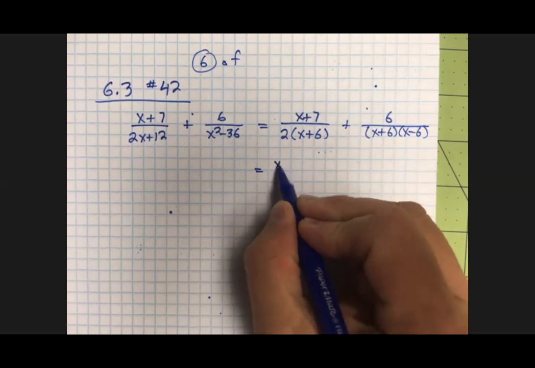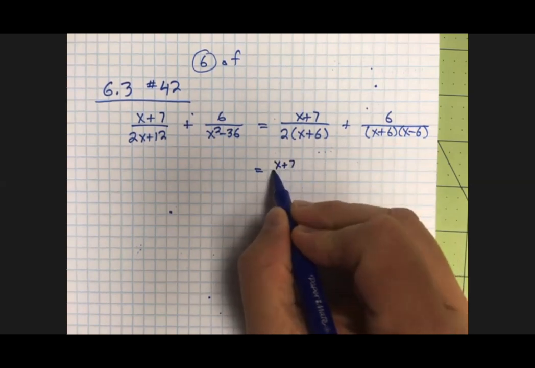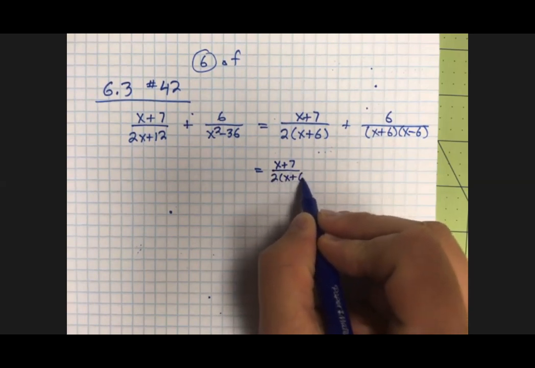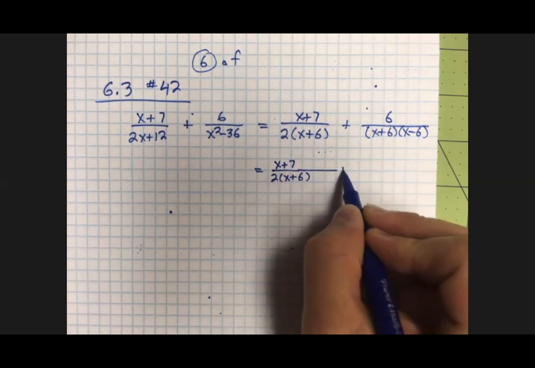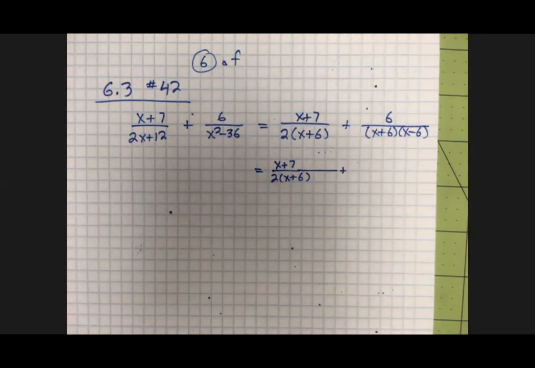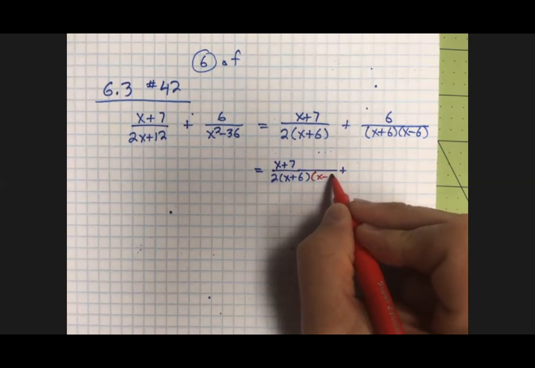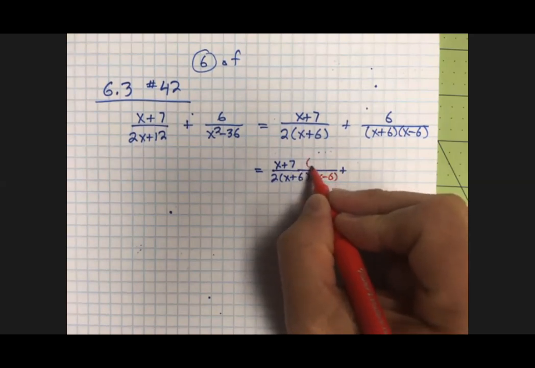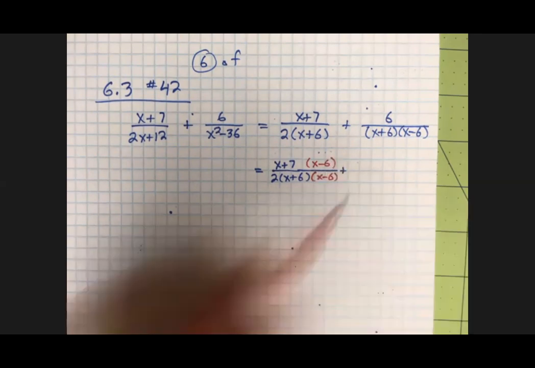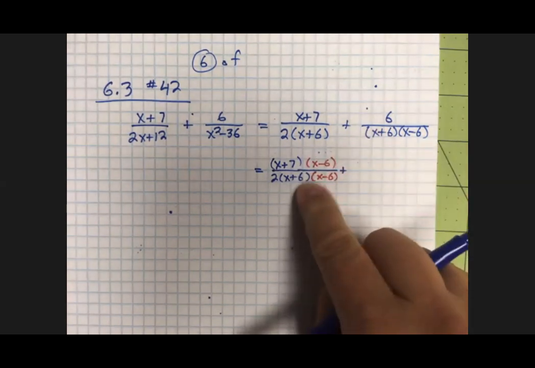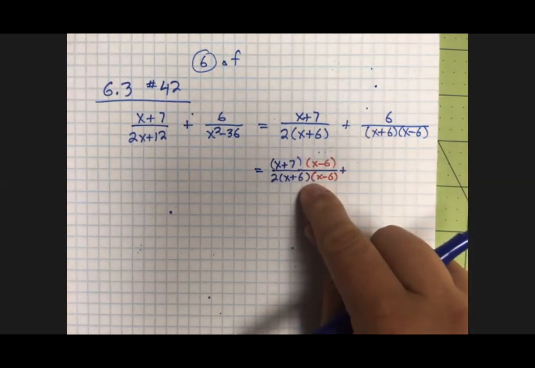Here's a nice way to write this. If you got different colored pens, and no harm in writing in different colored pens if you like, it just helps you focus. So there, now I've put in the x minus 6 that was missing in the first piece, top and bottom. I have to do the top and bottom. I have to balance the fraction.